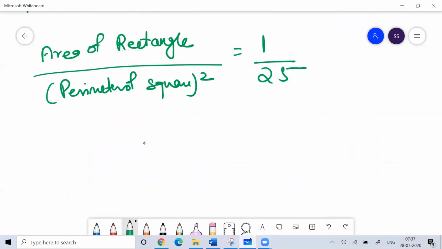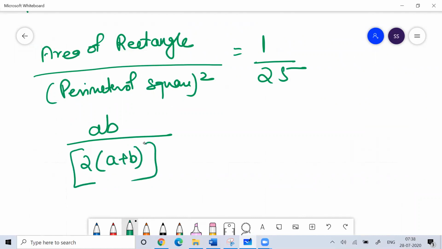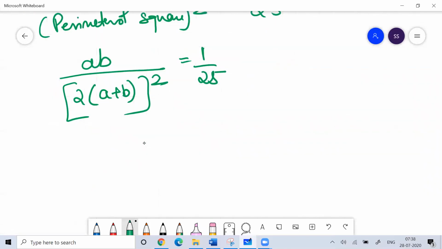So let the sides of the rectangle be a and b. The area would be a into b, the perimeter would be 2 into (a plus b). So the square of this is equal to 1 by 25. So I can write this as 4 into (a plus b) whole square is equal to 25ab.